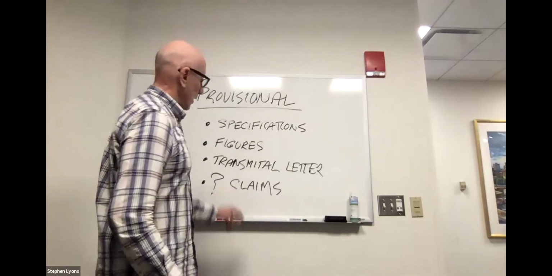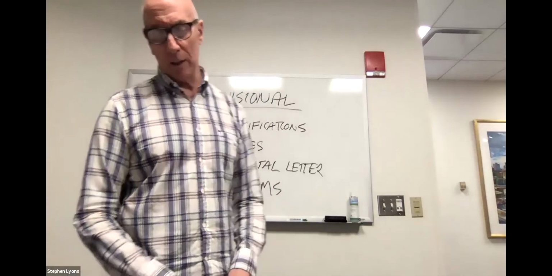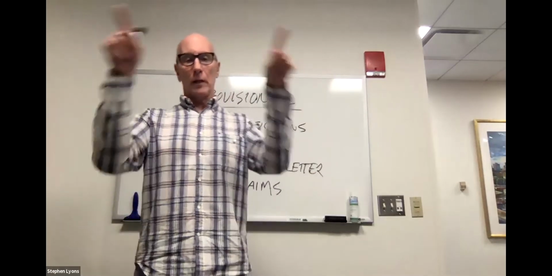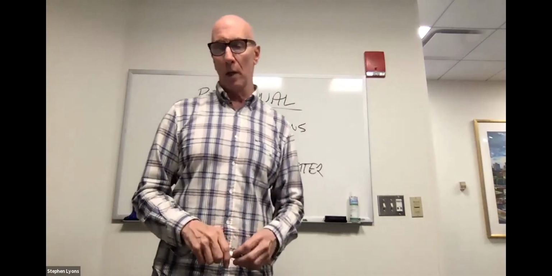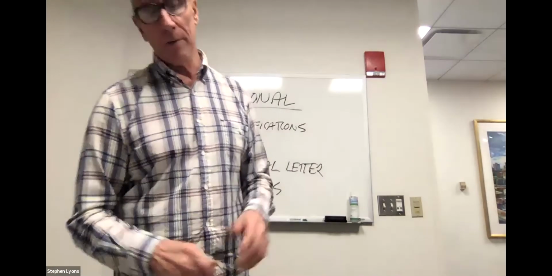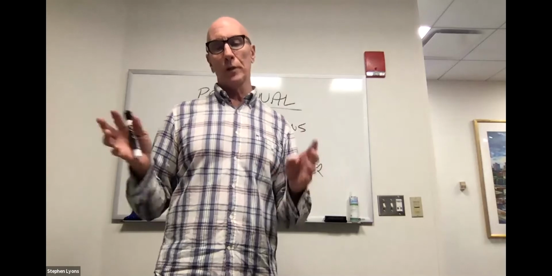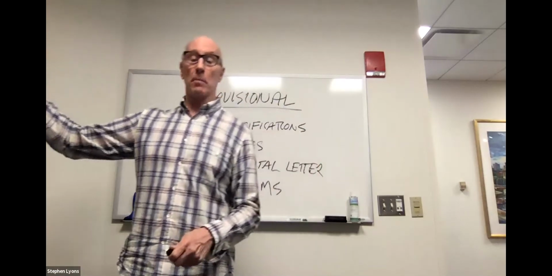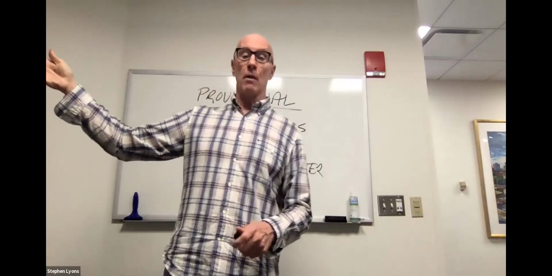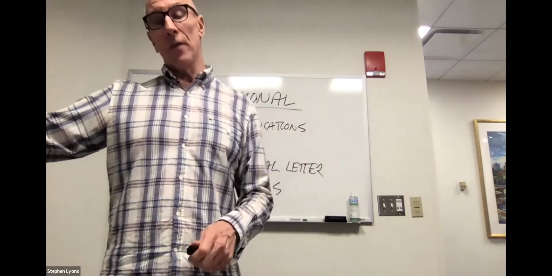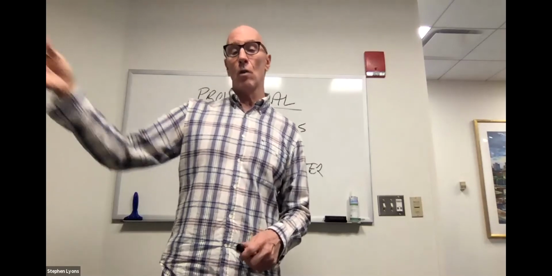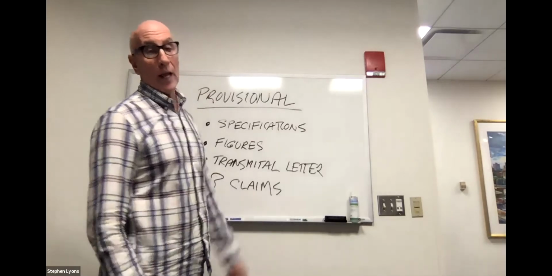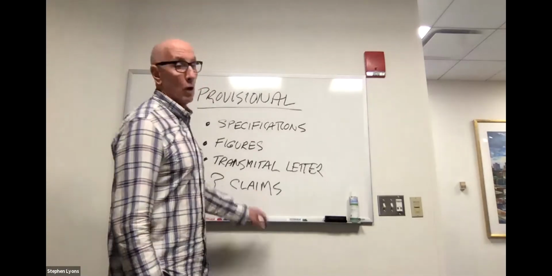Now, what I do want to talk about a little bit is claims. Because as I said, they define the property limits of your intellectual property, and for all purposes will define what you own. So later on, when somebody starts practicing your invention and you claim that they have infringed on your intellectual property, we'll go to the claim section. What the court will do, we'll go to the claim section.